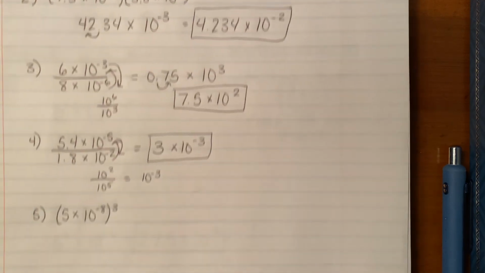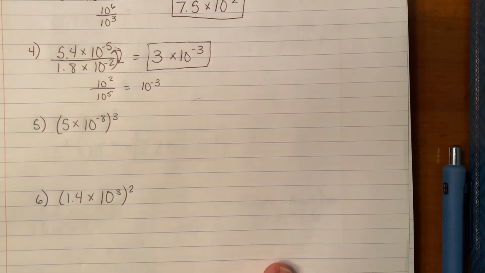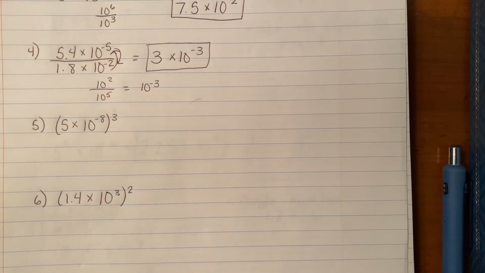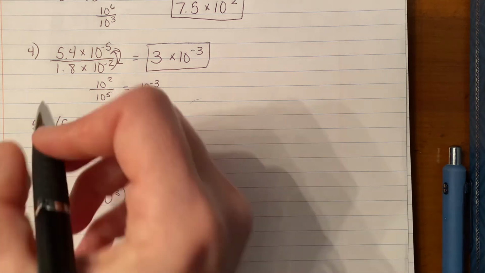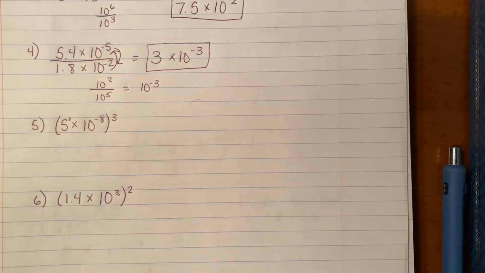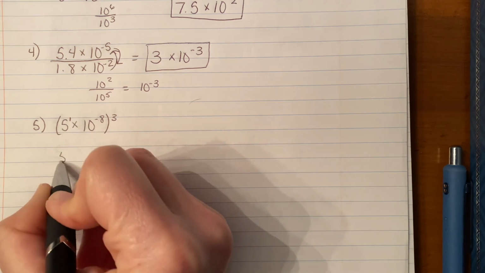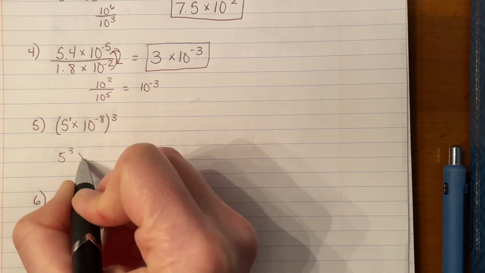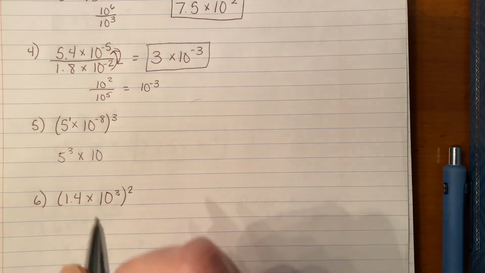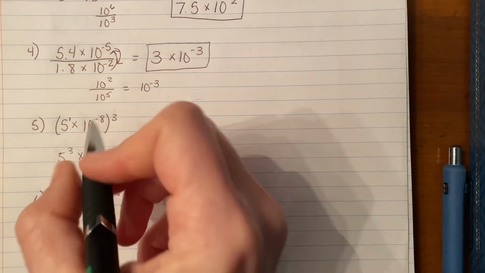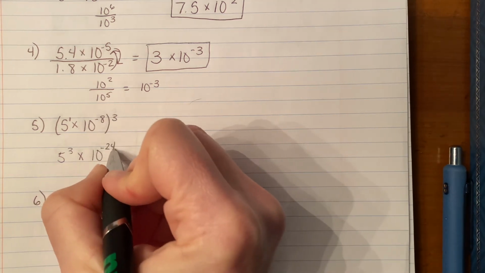All right, let's try 5 and 6. Okay, you've had time to try 5 and 6. So let's see, we're going to cube the 5, because remember there's a 3 there, and there's an understood 1 here, so we'll have 5 to the 3rd times 10 to the, well, we're going to do negative 8 times 3, so negative 24.